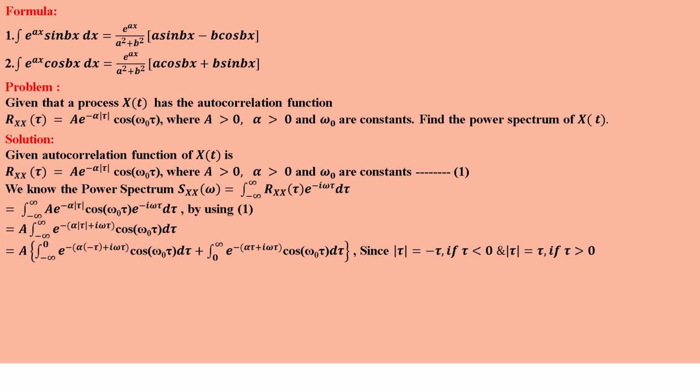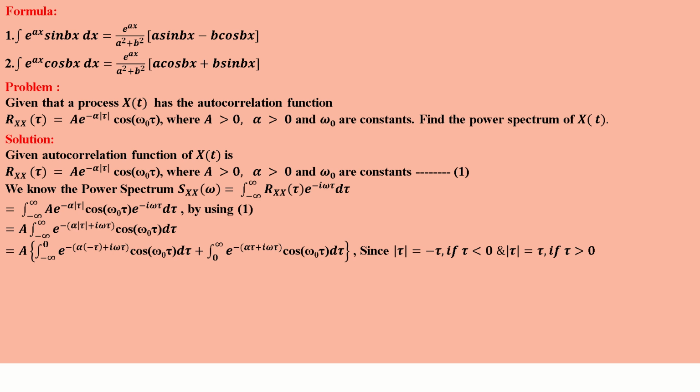We are splitting the integral in two forms. First, the negative side, that is minus infinity to 0, then the positive side, 0 to infinity, because on the negative side modulus tau is equal to minus tau, and on the positive side modulus tau is equal to plus tau. That is what we are using.